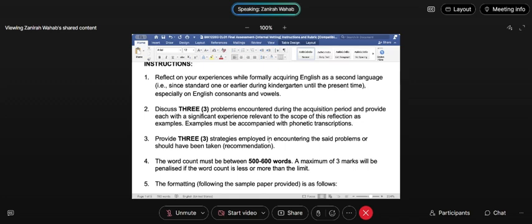So what is the strategy for issue number one? Strategy number one, strategy number two, strategy number three. To ease my reading and for me not to have to read your essay a couple of times, so we do have marks for organization. That one we'll talk about in a jiffy.